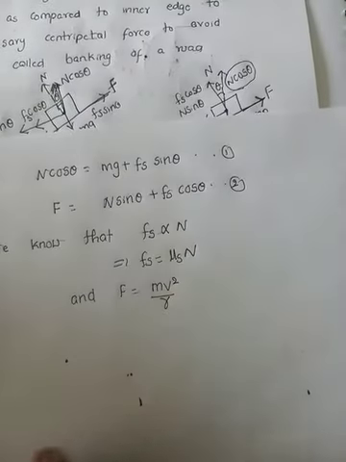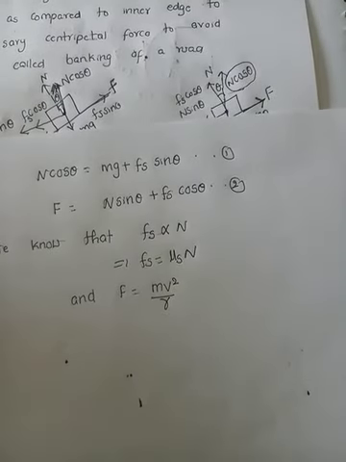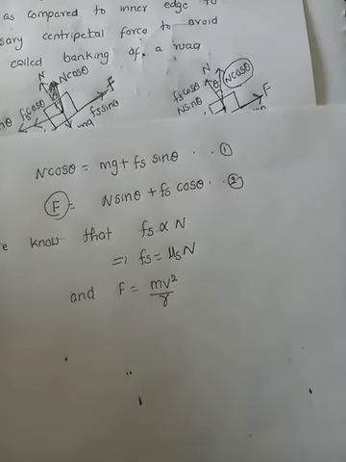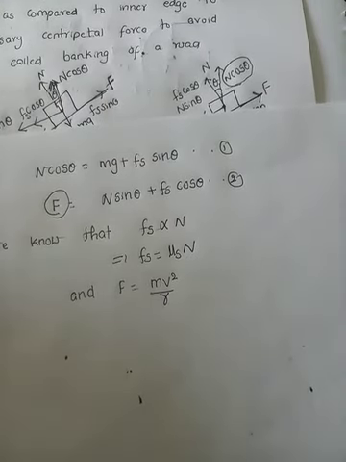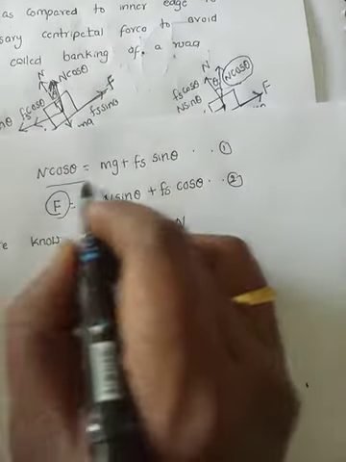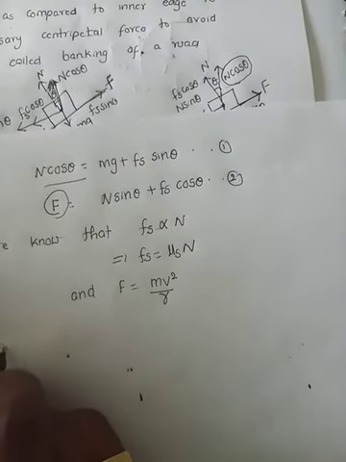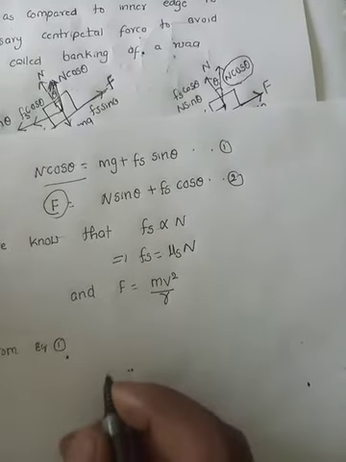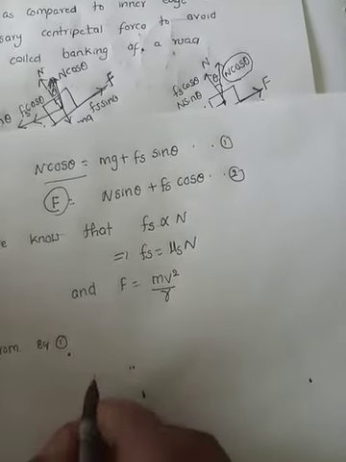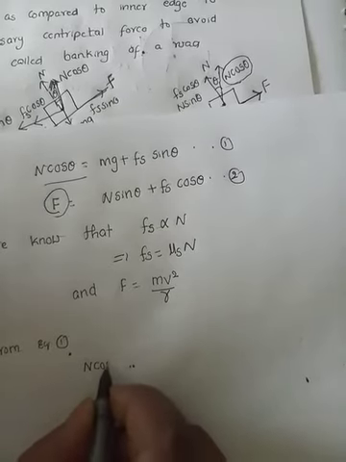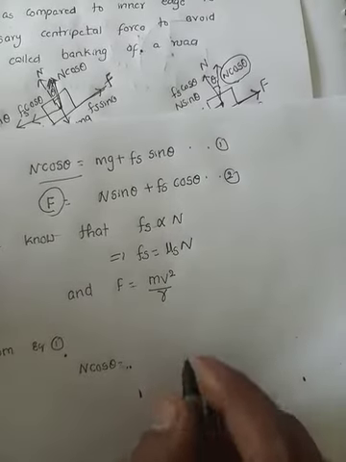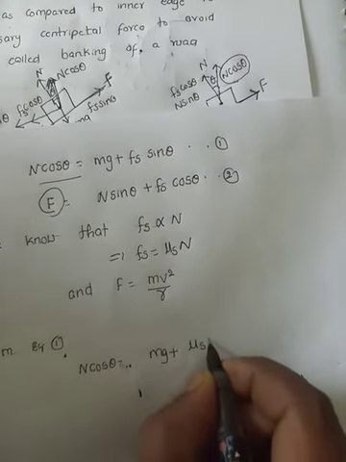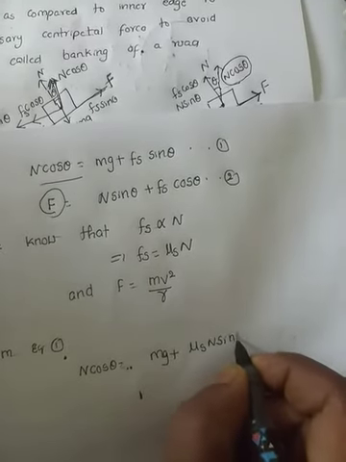Substitute these two equations in any one of the equations. What do you get from equation 1 first? What is equation 1? N cos theta equals mg plus mu s N into sin theta.